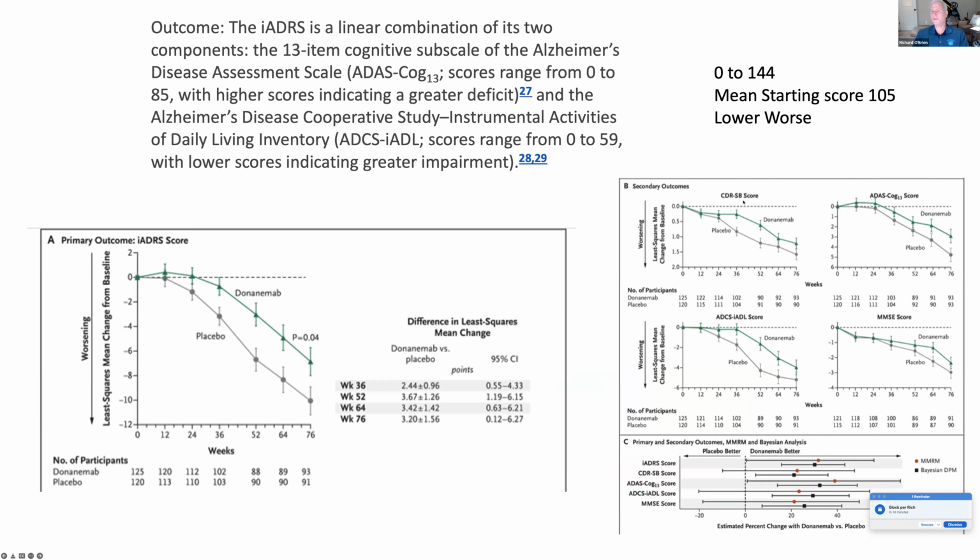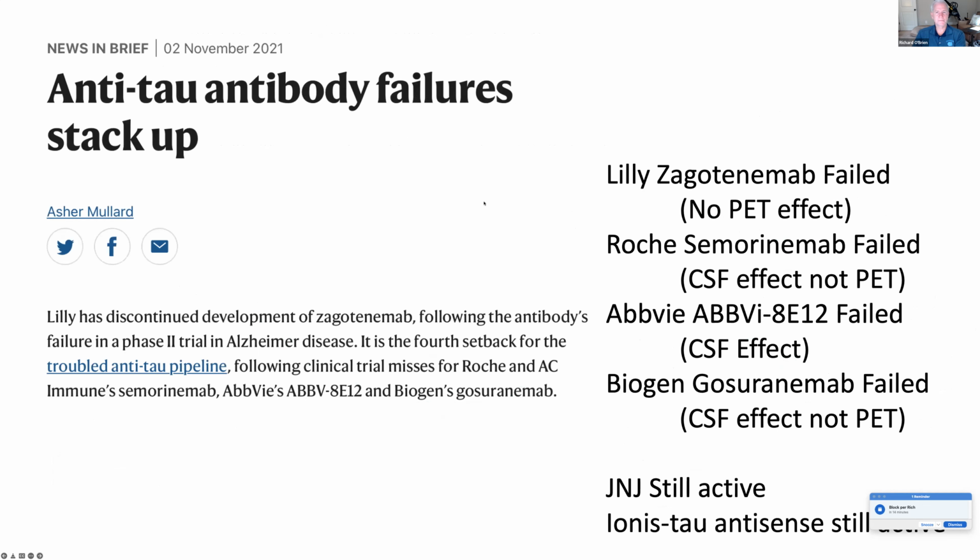But when they looked at the standard, which is the CDR sum of the boxes, which all the other antibodies have been assessed on, this is not statistically different at any level. And as you can see here, the mini mental, you still have to do a mini mental, really doesn't show any difference. It's just this homemade outcome score. So I'm sure it won't work, but we'll see.